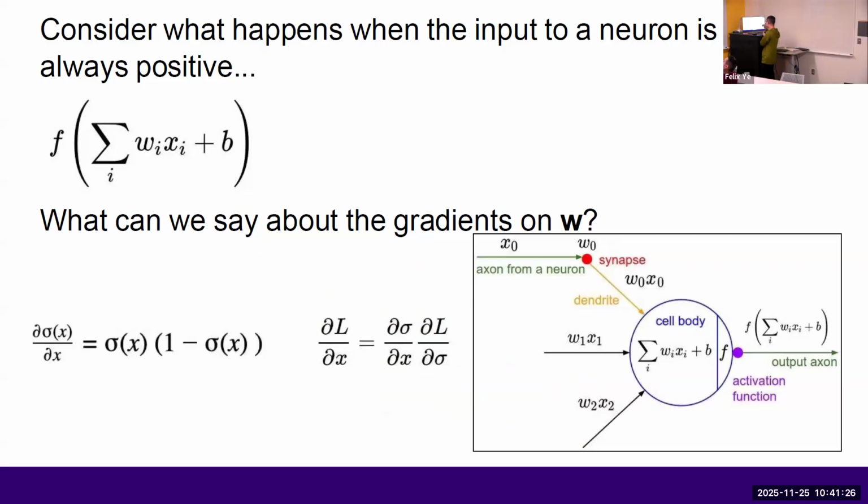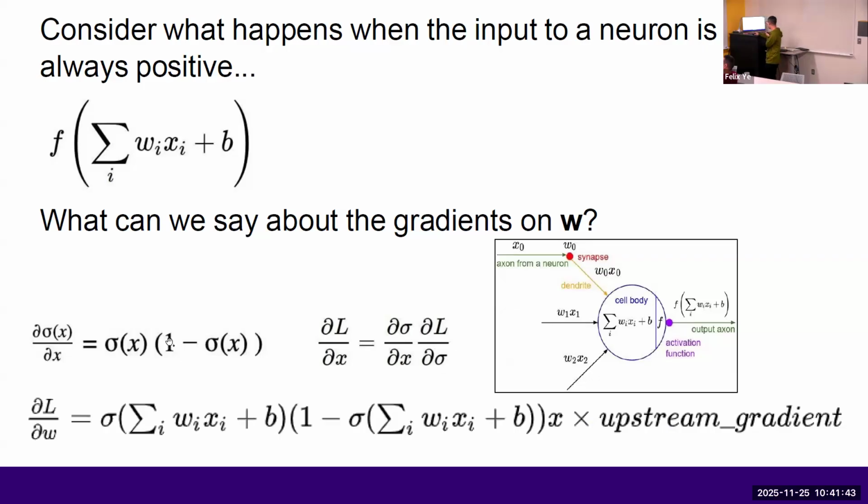We're using sigmoid, whose derivative is sigma times 1 minus sigma, and partial L partial x is the simple chain rule here, right?